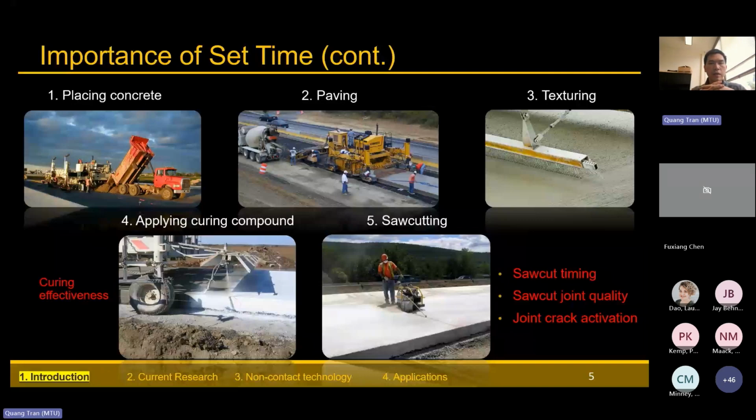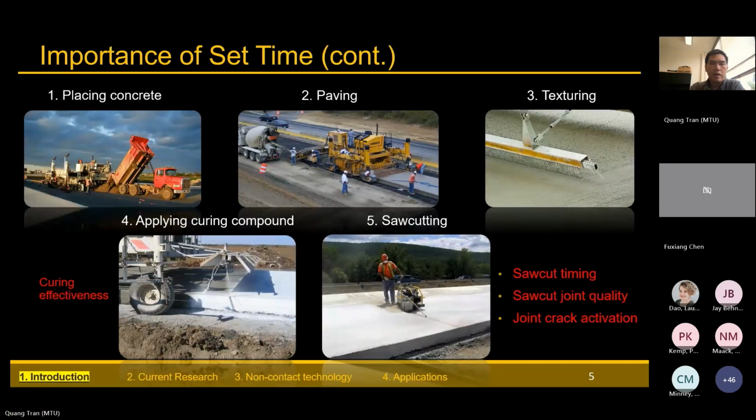And finally, the time that we need to do the saw cutting depends very much on the set time of the concrete material. I will show you later in this talk how the saw cutting timing is influenced by the set time.